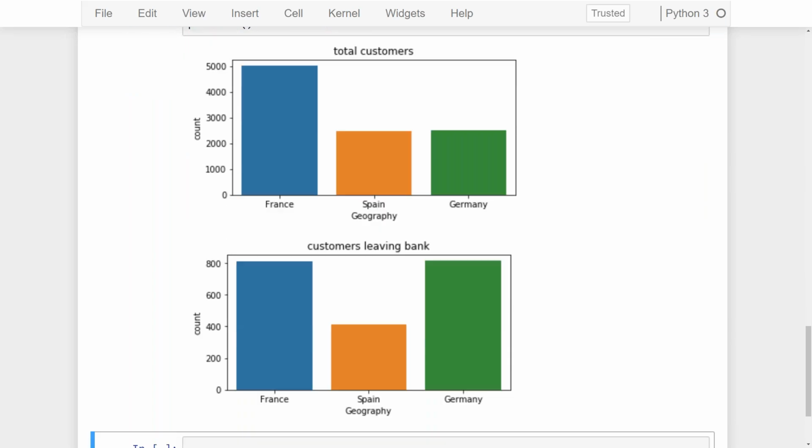Right, so total customers versus customers leaving the bank. So these are the two graphs we have: France, Spain, Germany, France, Spain, Germany, total customers versus customers leaving the bank. So what do you think?